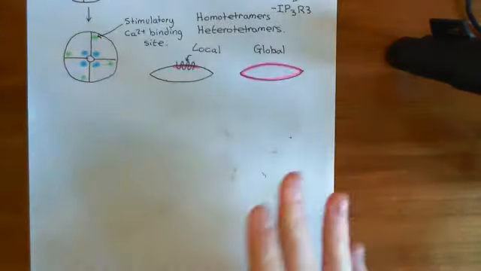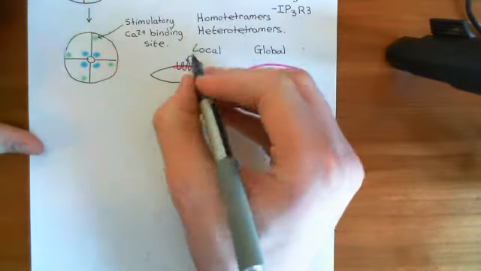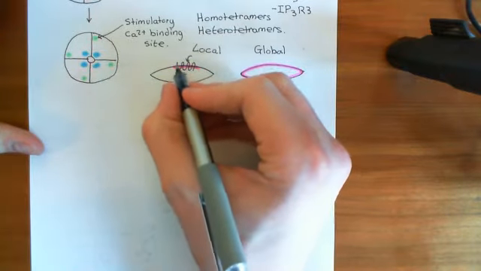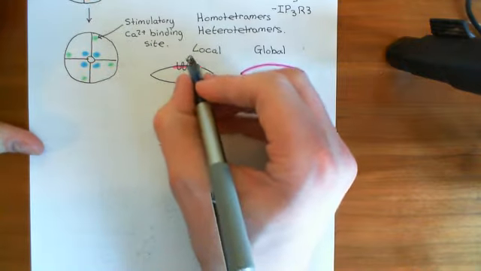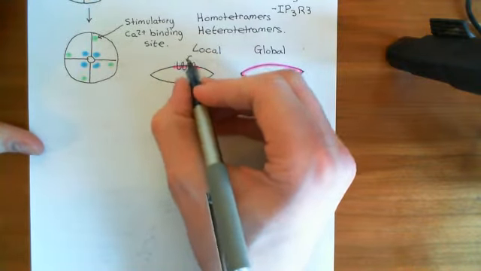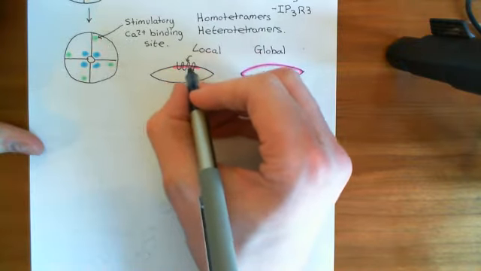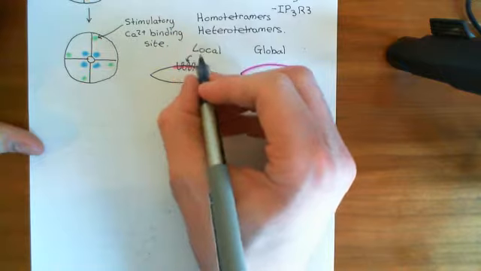Okay, so we'll start off with what occurs in the local signal. Usually what will happen is you will give some agonist for the alpha-1 receptors, maybe adrenaline or noradrenaline, most likely noradrenaline, and it will be a short-term signal. It'll activate the alpha-1 receptors for a little bit of time, and then the noradrenaline will go.